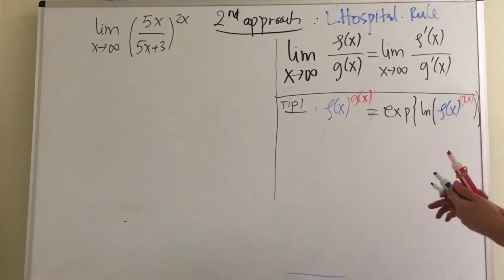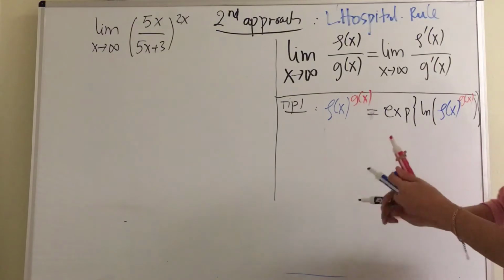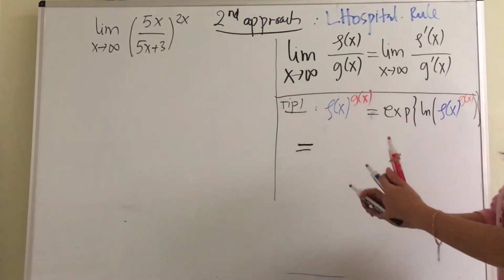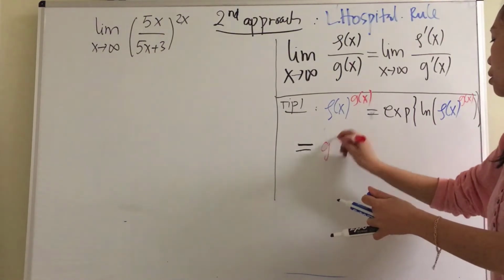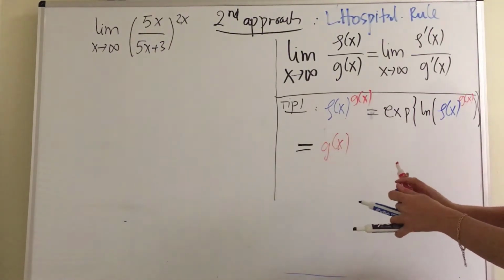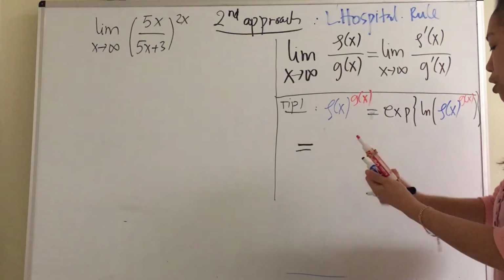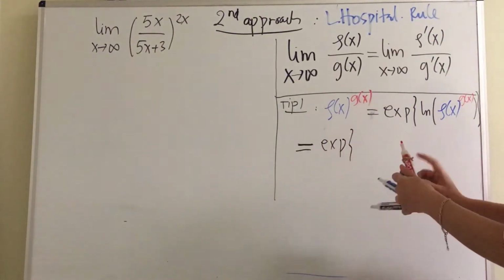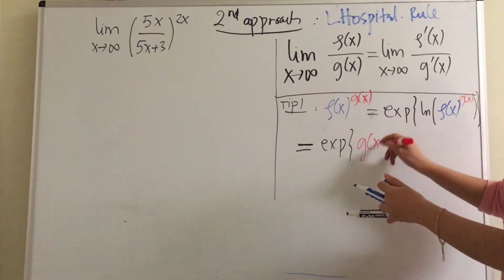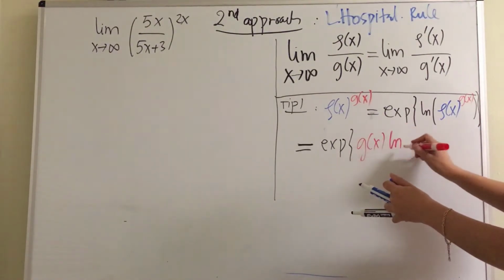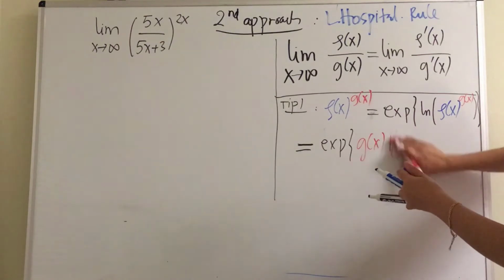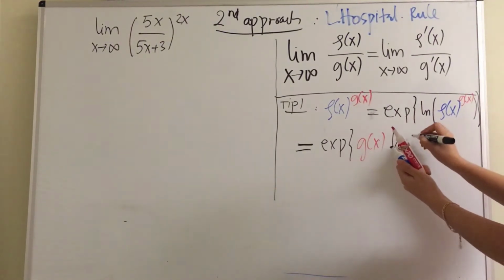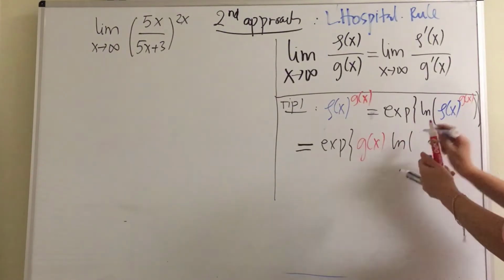And we use the exponent rule. So this equal to what? This equal to g of x is equal to exp of g of x times natural log of f of x.